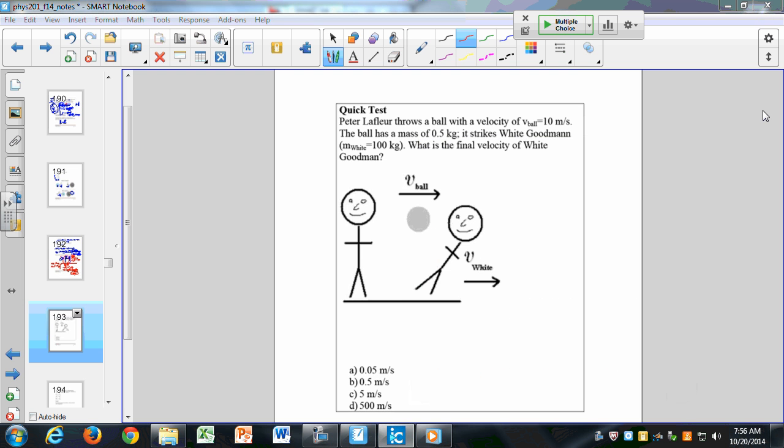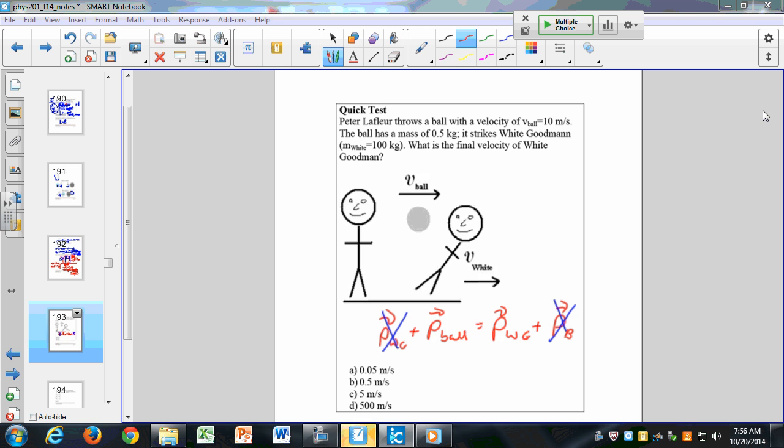We work it exactly the same way, right? We take the momentum of the ball should equal the momentum of White Goodman. Because, well, actually, we have these additional terms that are included here, but we don't write them because both of these go to 0. They're equal to 0 because their velocities are 0.